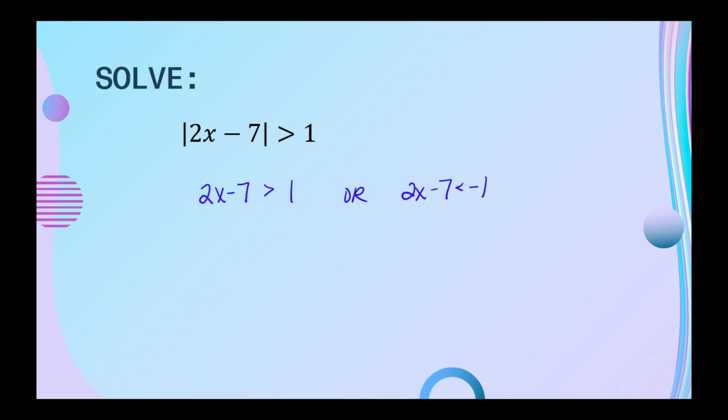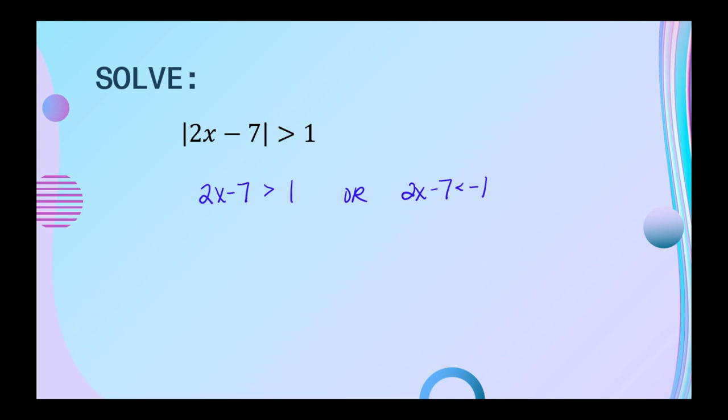Because the original is a greater than, which is always an or statement. But it also kind of makes sense. It's greater than 1 or less than -1 because we can't have an and. We don't have a number that is greater than 1 as well as less than -1. There's nothing that fits that. That's how I know that it's an or statement. So I kind of just think in my head, do I have a number that fits both of these? It's an and, or if I don't, then it's an or.